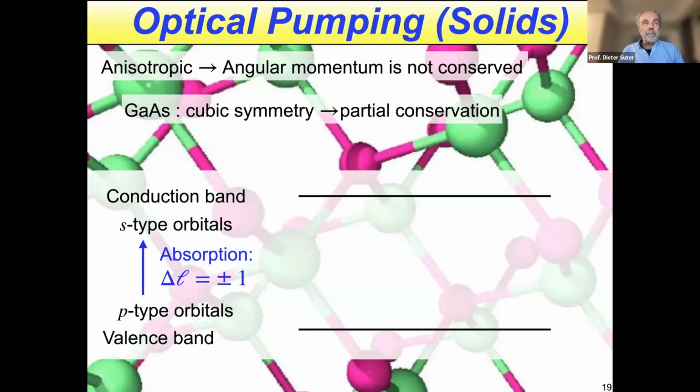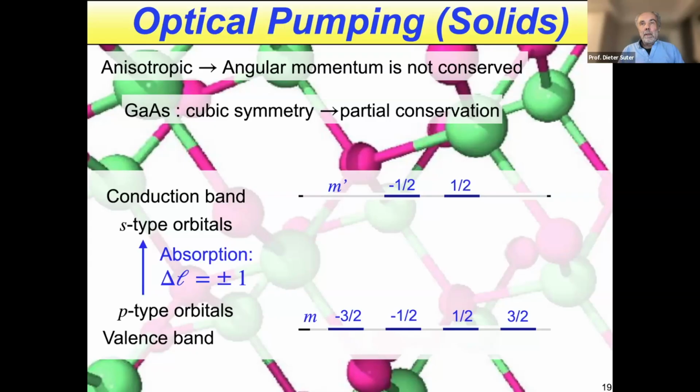Now, in both cases, the conduction band as well as the valence band, we have interaction between the orbital angular momentum and the spin angular momentum. That means in the ground state, we have a total angular momentum of 3/2 and the excited state of 1/2 if we include the spin of 1/2.